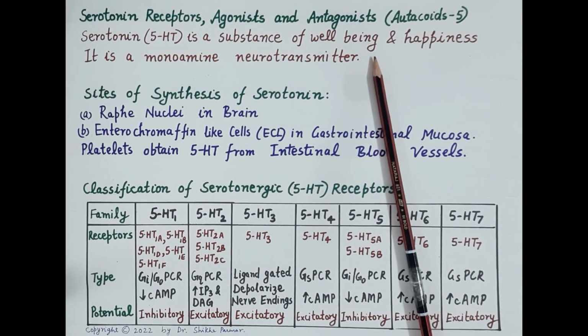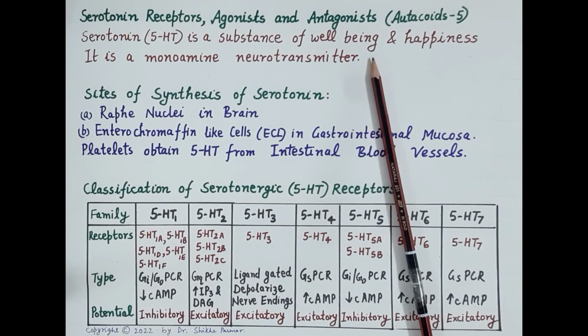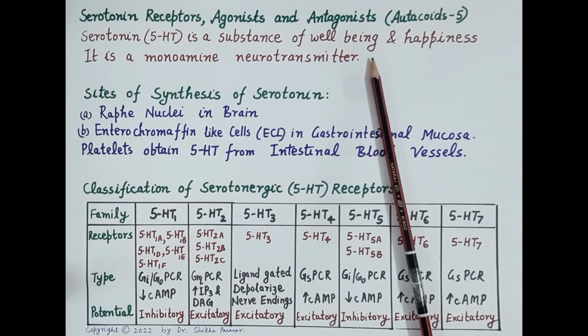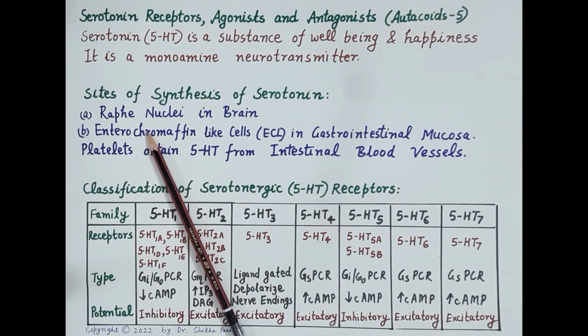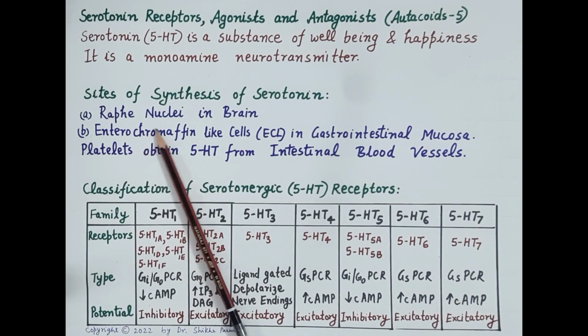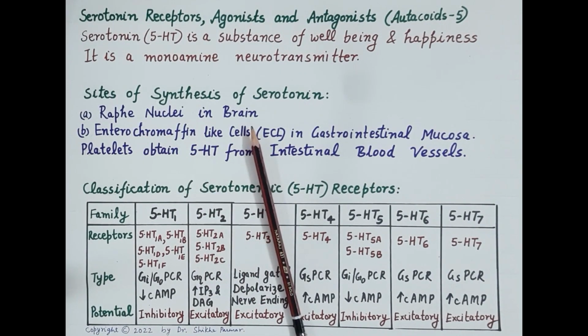Apart from the neuronal function, it also shows non-neuronal functions throughout the body. As we have already studied in our last video, serotonin is synthesized from the amino acid tryptophan, and one of the sites where serotonin is synthesized is the raphe nuclei in the brainstem.